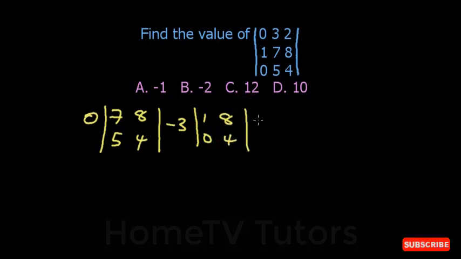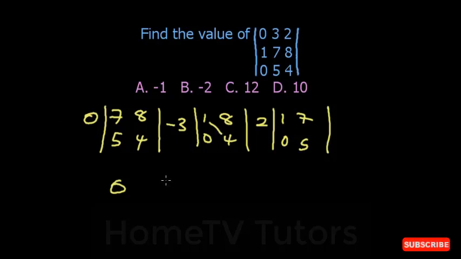Then the last number, 2 times 1, 7, 0, 5. We may not need to solve these because whatever you multiply this with is going to give you 0. So this will now be 1 times 4, which is 4.